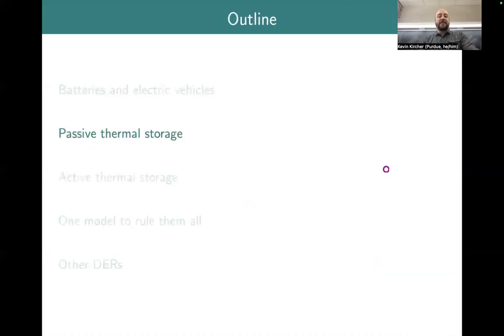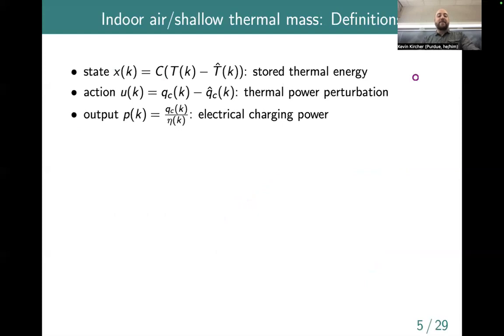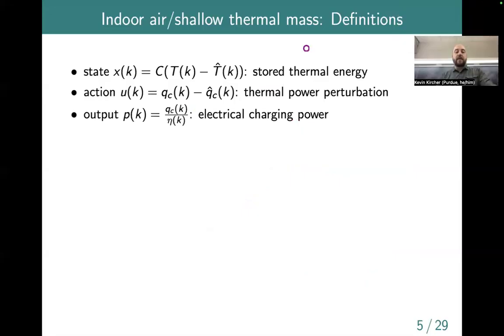Now let me go back to all the annoying math. So here, if we view the indoor air of the building as a thermal battery, we could define the stored thermal energy, whether it be for heating or cooling. Here I'm thinking mainly of a heating scenario, but all this works with a sign change for cooling as well.